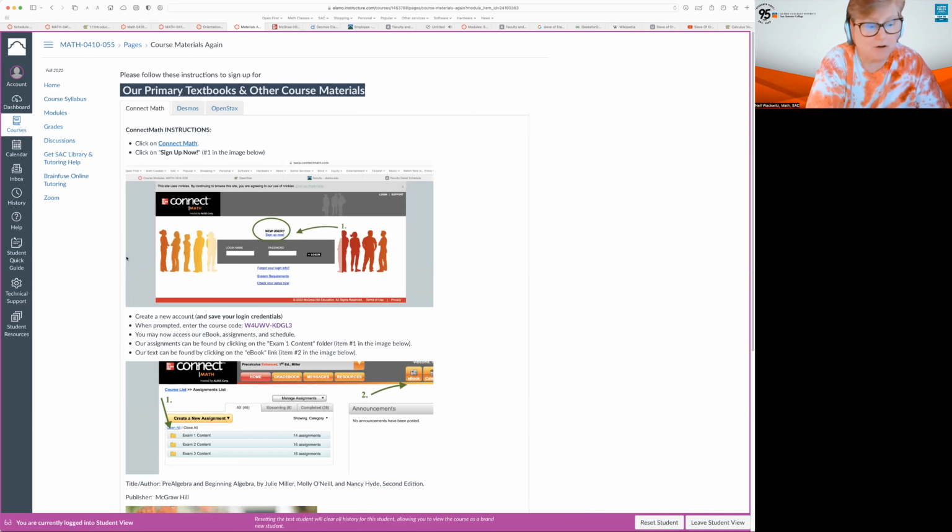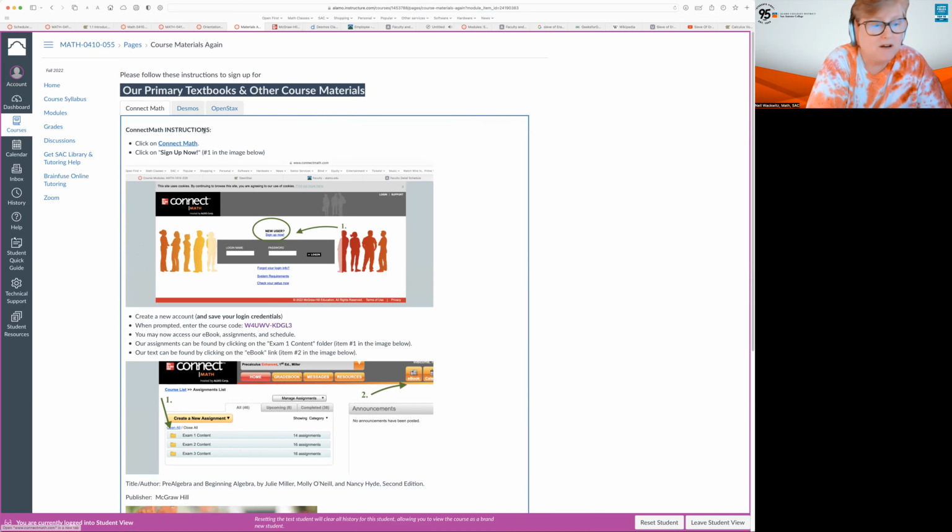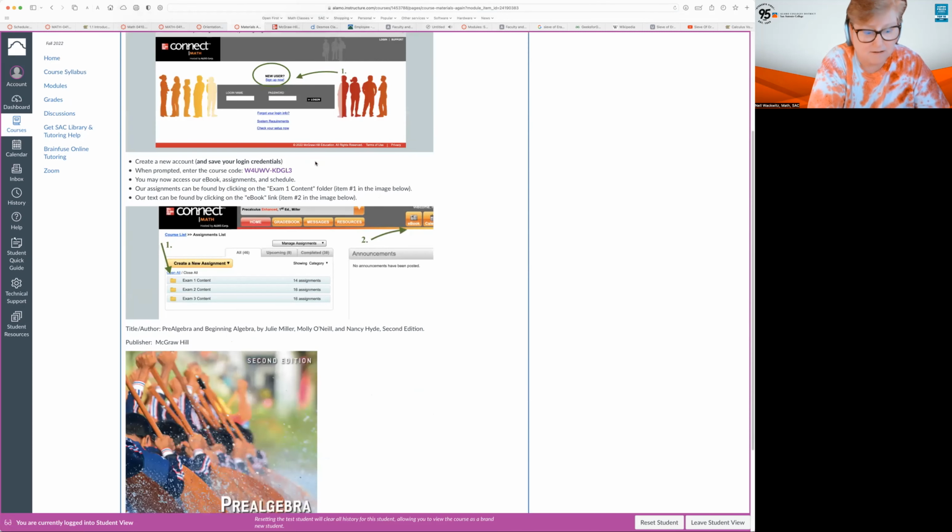And then this is just a repeat of the textbook information from the earlier page, but I want to make sure that everyone signs up for Connect Math, for Desmos, and that you have access to the OpenStax.